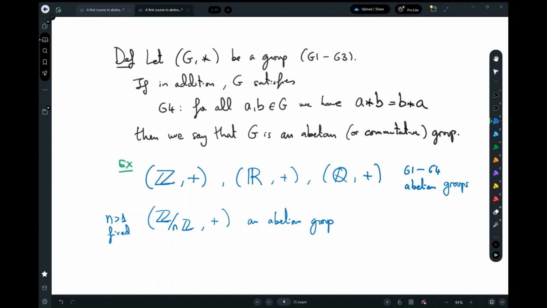But this one is quite different because this is finite, while these, the reals, the integers, the rational numbers, are all infinite. So that is our first example of what we call a finite group.